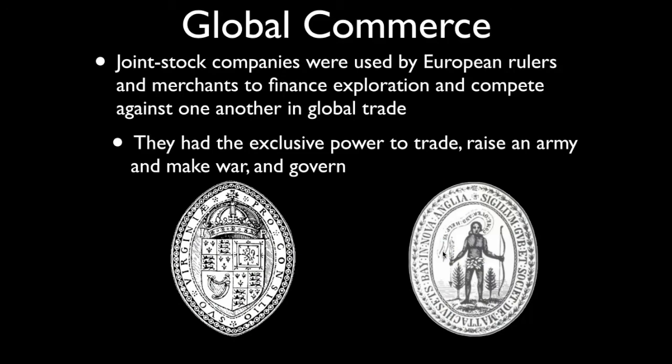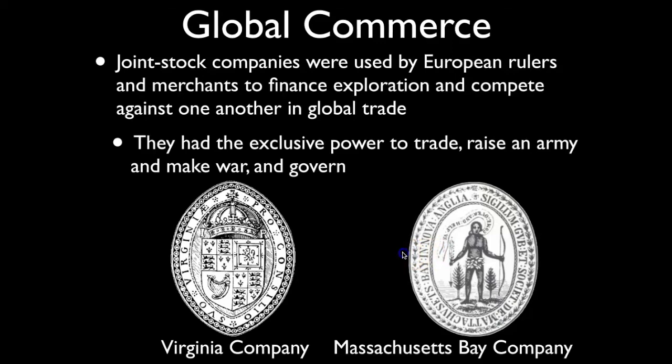Another difference that we can identify is that these joint stock companies were also given the right or the power to raise an army, to make war, and to essentially govern. So in some ways, they acted a little bit like a state themselves. A few of these joint stock companies you may be familiar with. One of them was called the Virginia Company. Another was called the Massachusetts Bay Company.